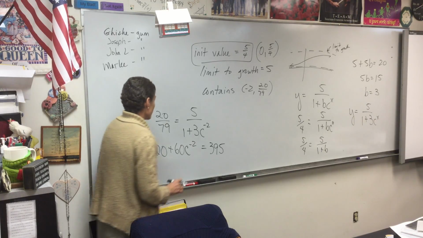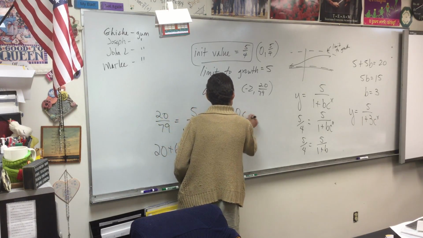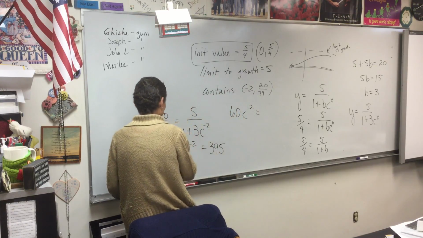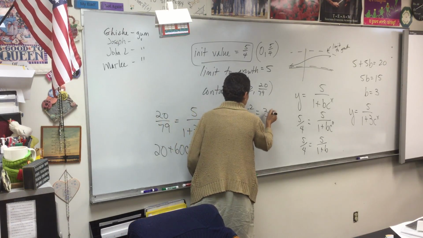All right, let's subtract 20. So we have 60c to the negative second equal 375.